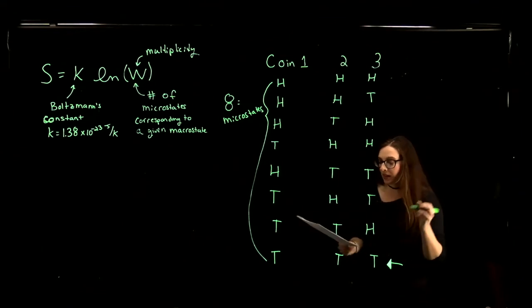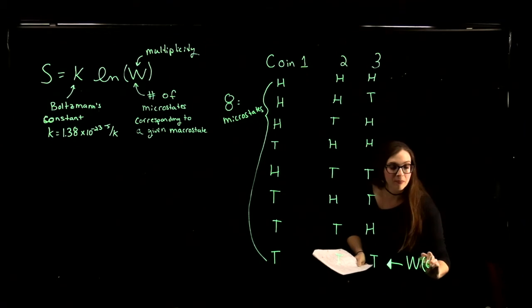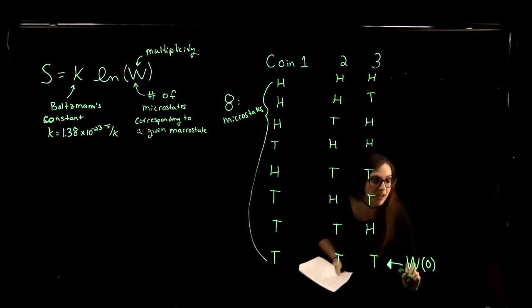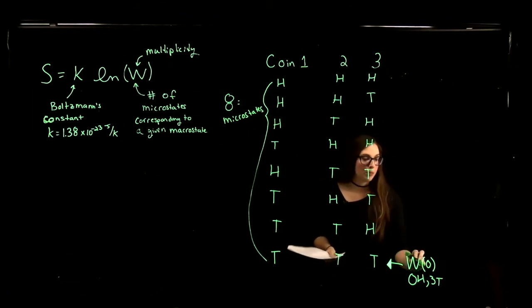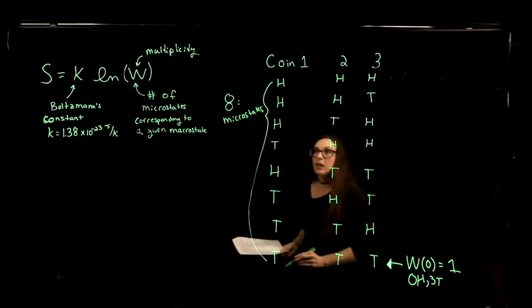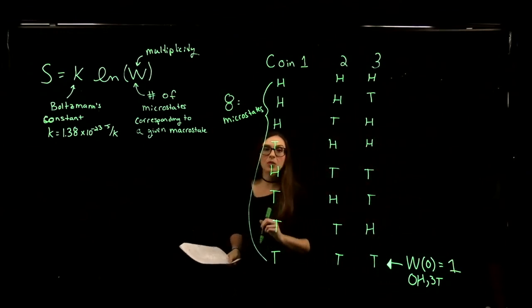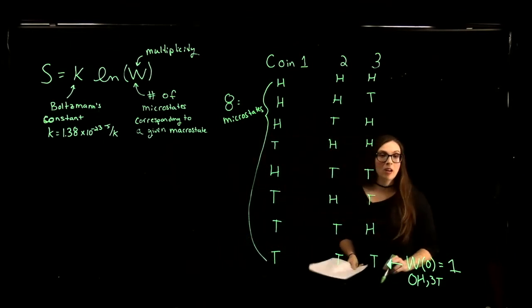And so we could say that the multiplicity of having 0 heads and all tails, so 0 heads, 3 tails, I'm going to write like this, the multiplicity of having 0 heads is equal to 1. Okay? There's only 1 microstate that will give me 0 heads and 3 tails.